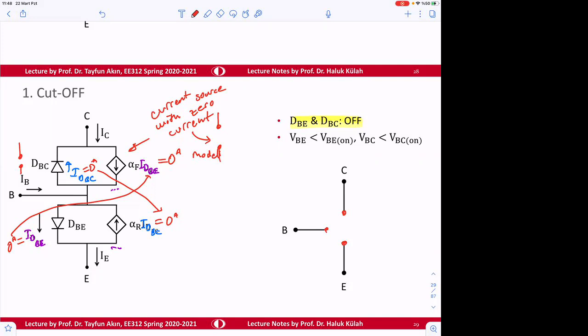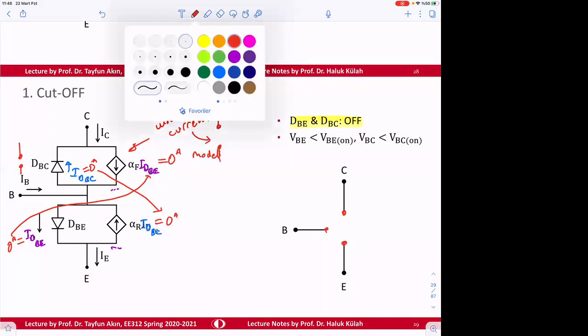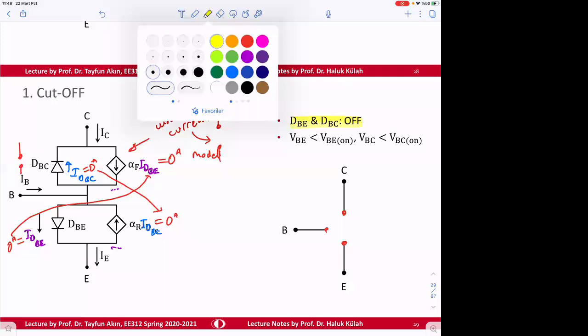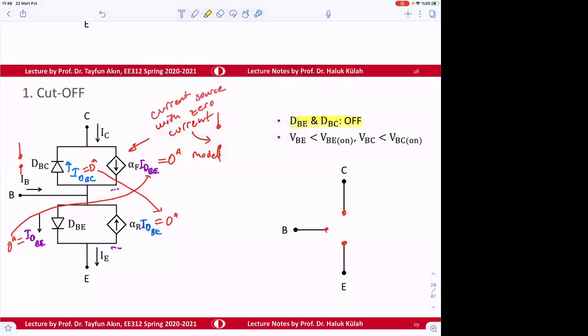So adding these two elements is not conflicting with our model. For the cutoff mode, this is similar.